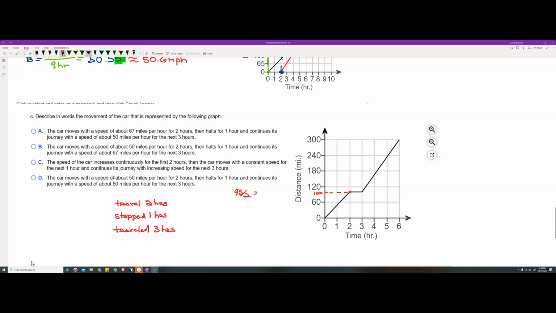So if 90 is about halfway between these two, I'm going to guess that's about maybe 100. And it traveled for 2 hours. So instead of making that 95, let's say that's about 100 miles in 2 hours. So that's 50 miles per hour.